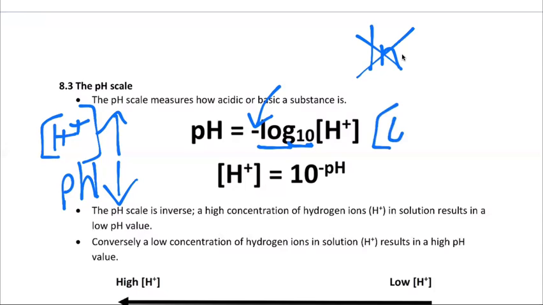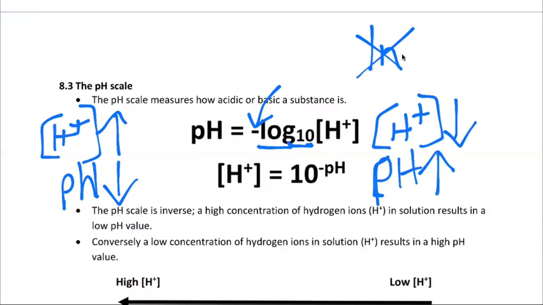And what that corresponds to is the hydroxide ions. So again, if you have low hydrogen ion, that means your pH is going to be high. This over here is going to be acids. This is going to be bases or alkalinity.